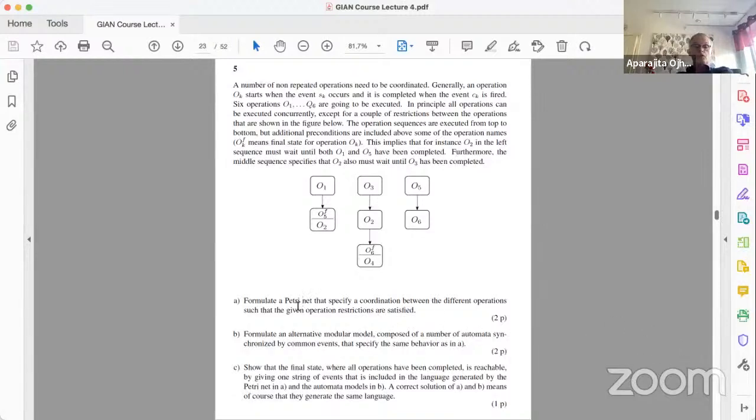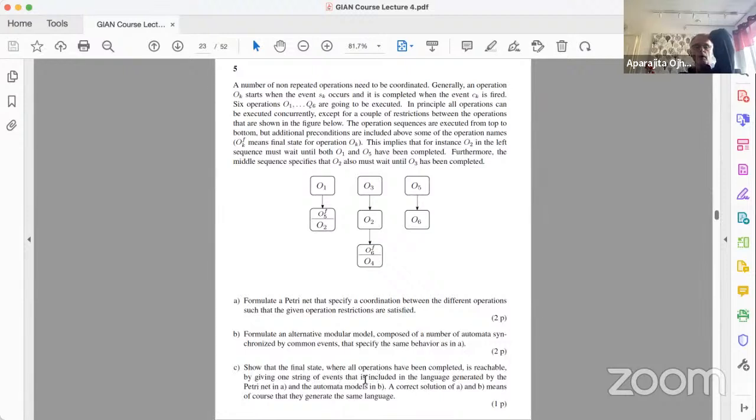Okay, so we should first formulate a PetriNet and then an alternative modular system with automata. And then we should also show, by making a reachability analysis, that it's possible to reach the final state.